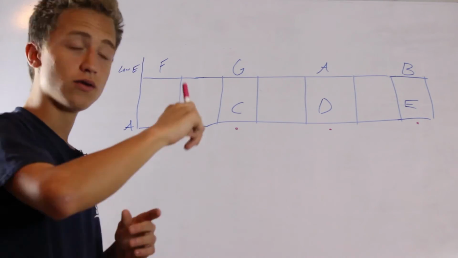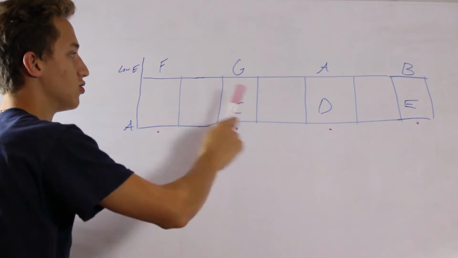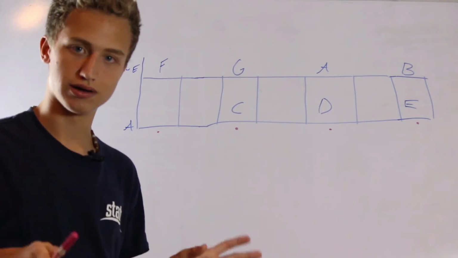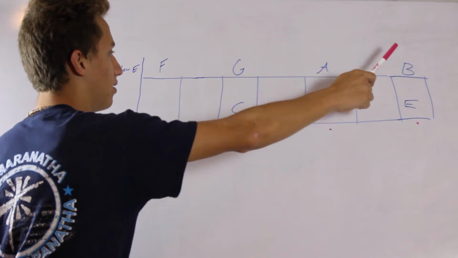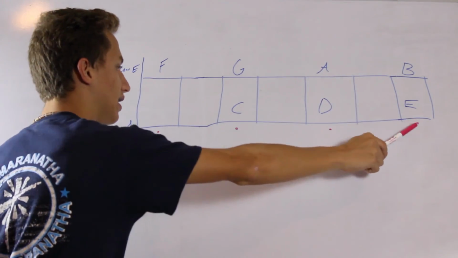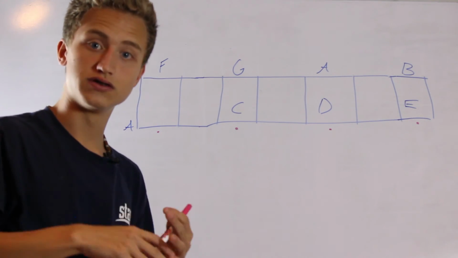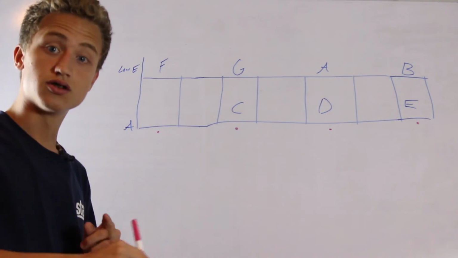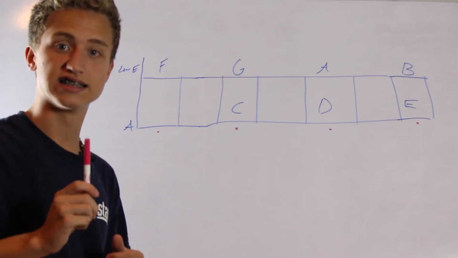Just to recap, we have the low E string and the A string. Those are the only strings that we're talking about right now. We have F, G, A, B, C, D, and E. There is an infographic on your screen that shows this. Each note and each fret that you're going to be using has a dot.